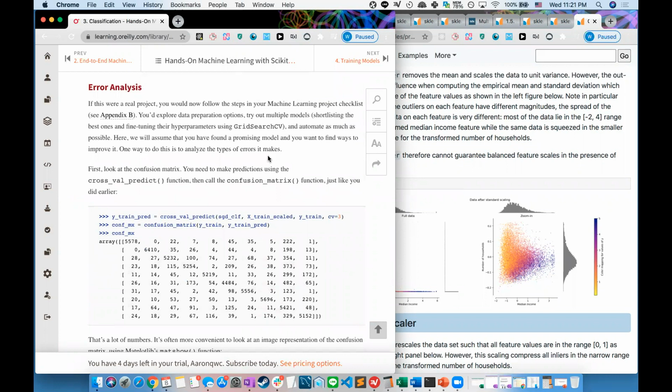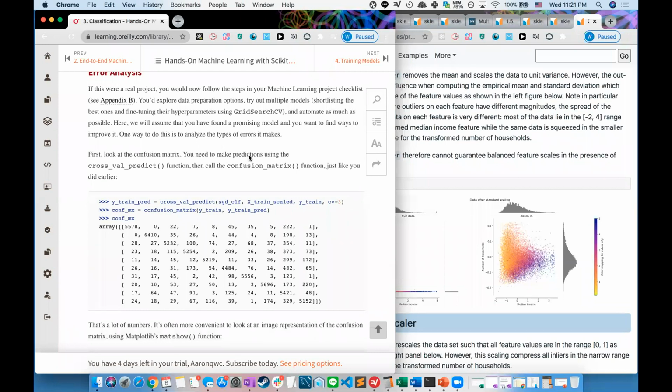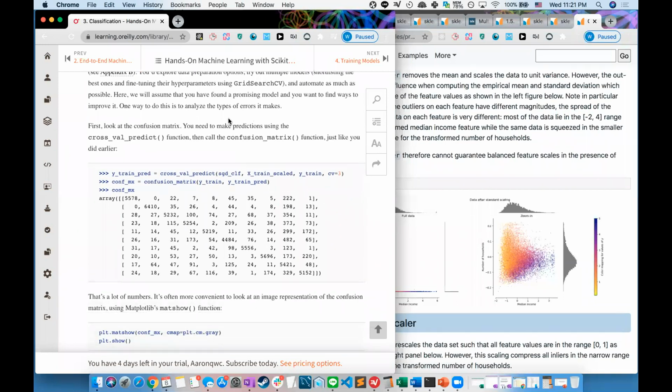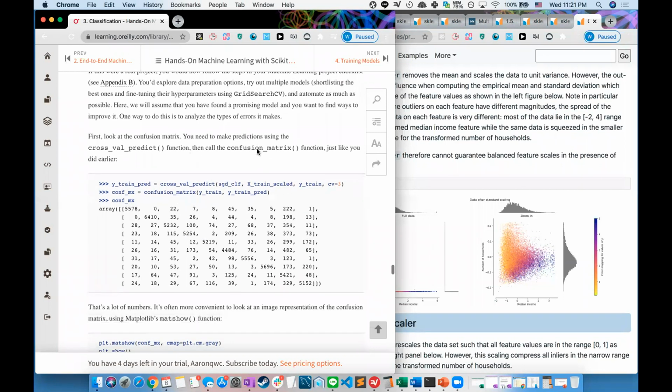Here, we will assume that you have found a promising model and you want to find ways to improve it. One way to do this is to analyze the types of errors it makes. First, look at the confusion matrix. You need to make predictions using the cross-val predict function, and call the confusion matrix function just like you did earlier.